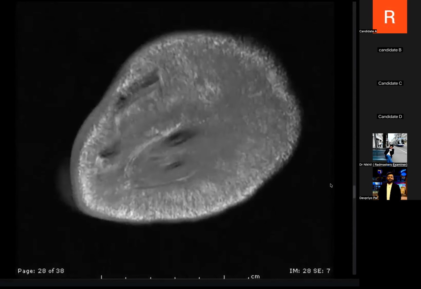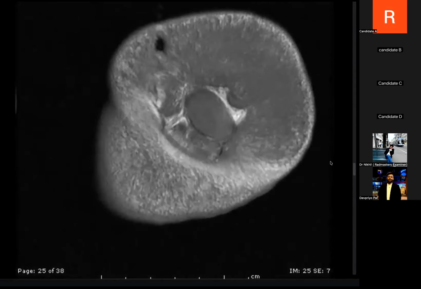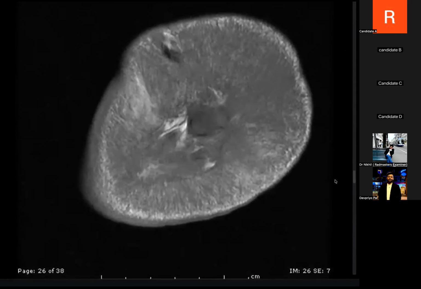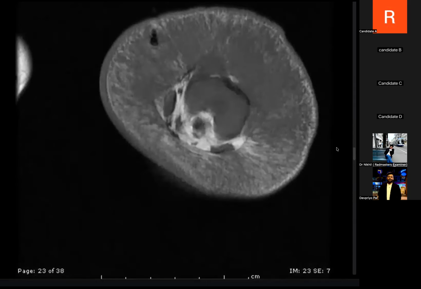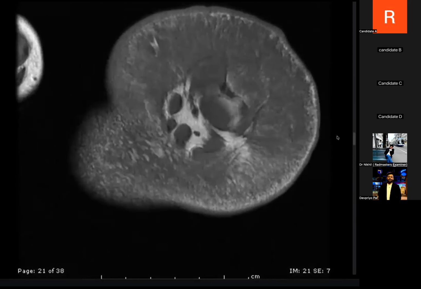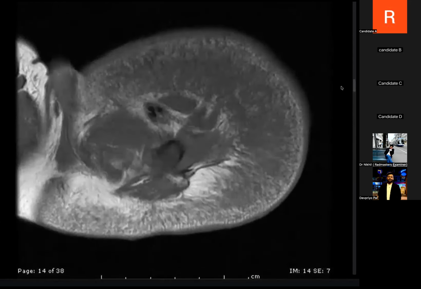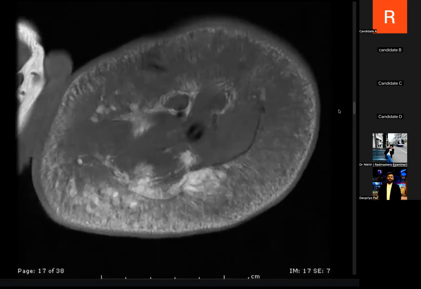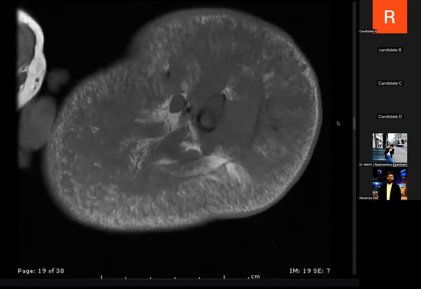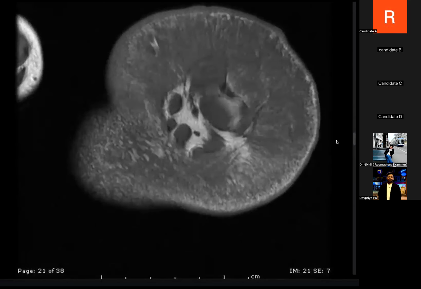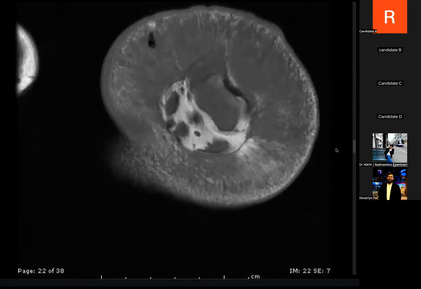I can see the patient has diffuse swelling predominantly in the subcutaneous tissue plane. I can see the muscles separately, which are not so enlarged compared to the subcutaneous fat. However, I would like to review this in the T2 images also.